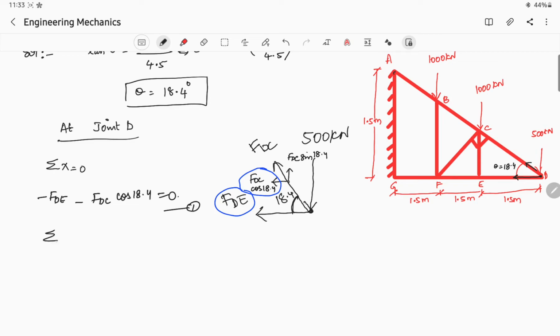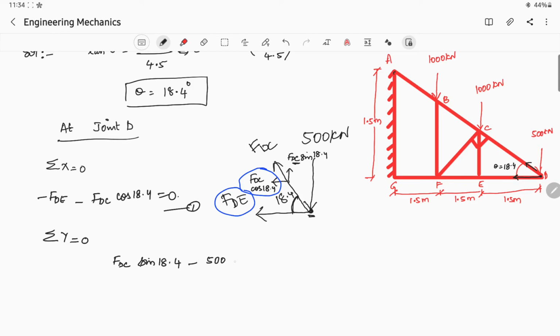Now we go for summation of all forces in y direction, that is sigma y is equal to 0. In the figure we have two vertical forces: the force in member DC, which is FDC sine 18.4 going in upward direction, minus the 500 kilonewton load going in downward direction.